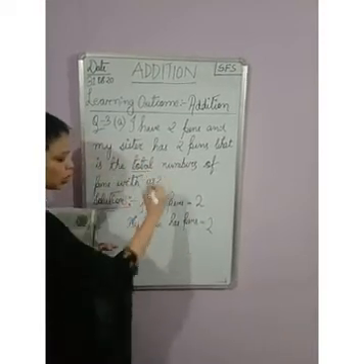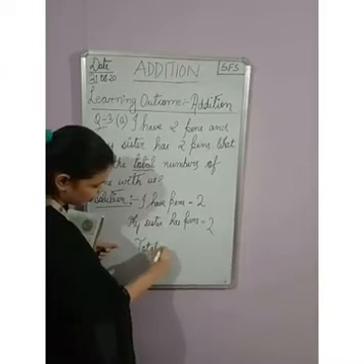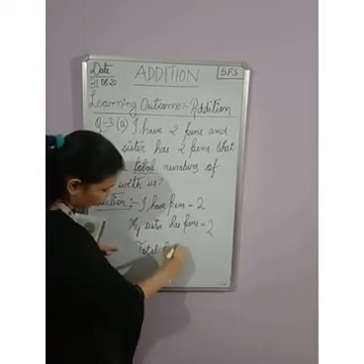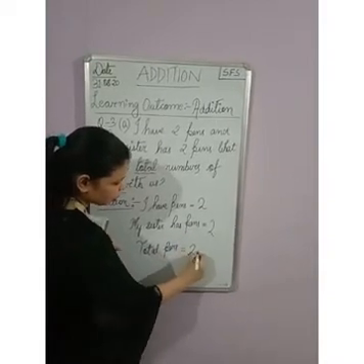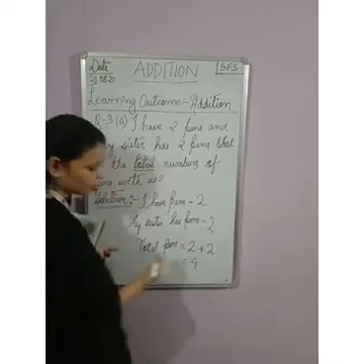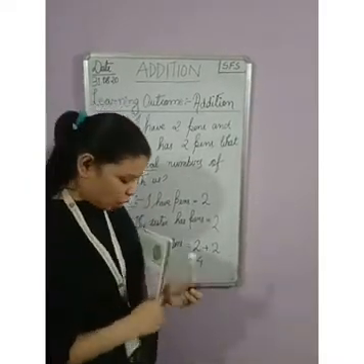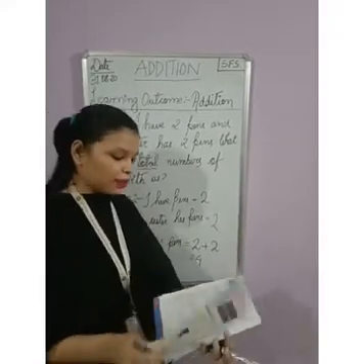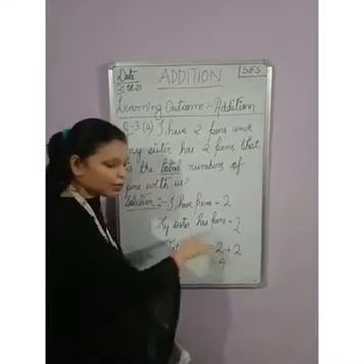Now what is the total number? So I will write total pens. I will add the number, isn't it? So 2 plus 2. So 2 plus 2 equals to 4. Okay. So 2 plus 2 equals to 4. Alright. So this is the word problem. I have got 2 plus 2 equals to 4.